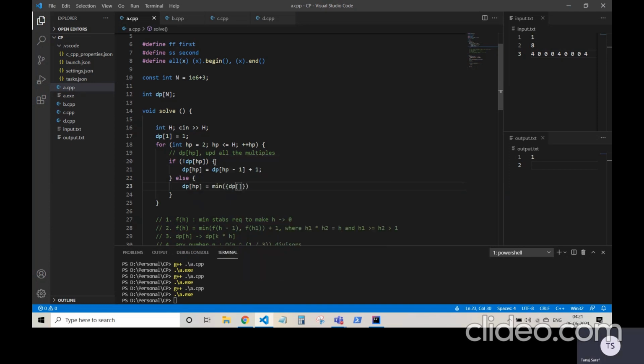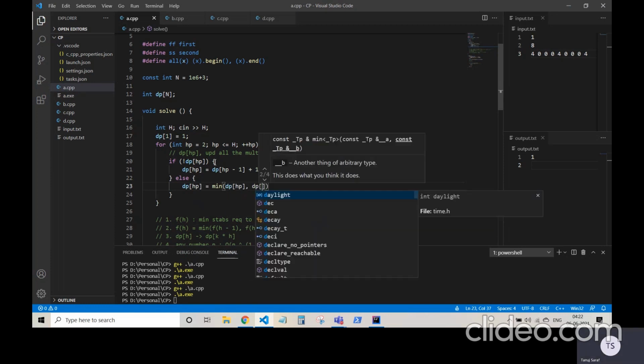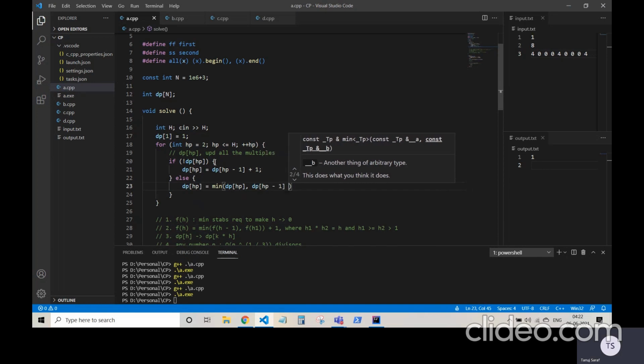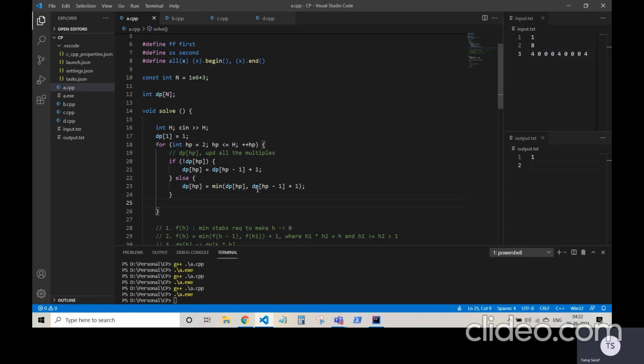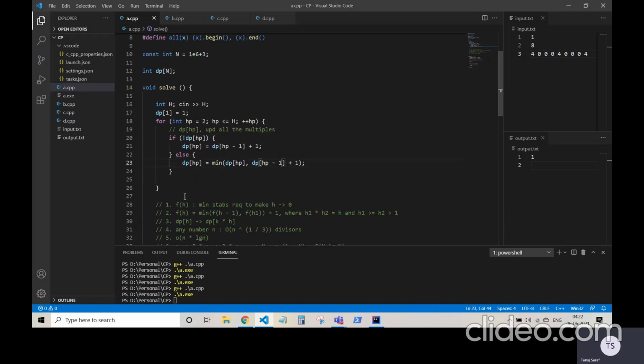I take the minimum of dp of HP and dp of HP minus 1 plus 1, right? This dp of HP minus 1 is the only state that was missing, because we have already covered all the divisors, right?